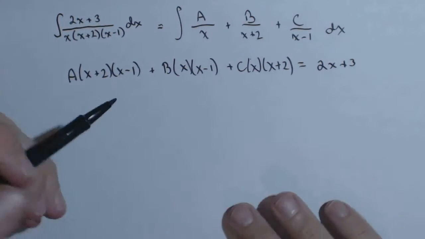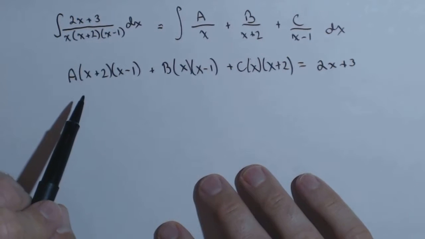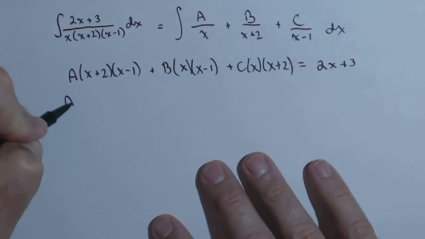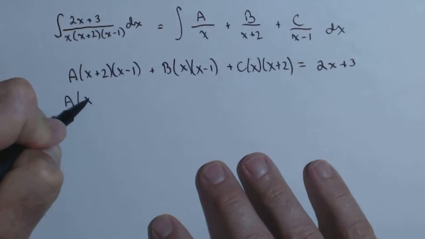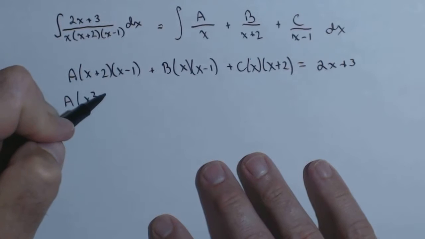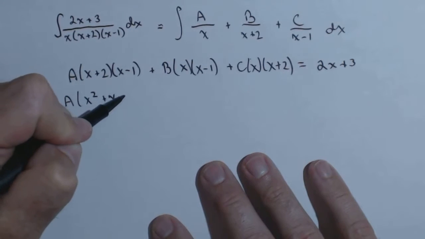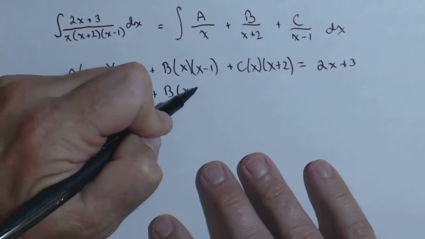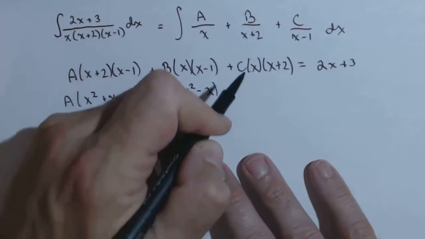Okay, so we have three variables. We should come up with three equations. And let me show you how that's going to happen. So first thing I'm going to do is multiply these out. A times x squared plus x minus 2. B is going to get multiplied by x squared minus x.